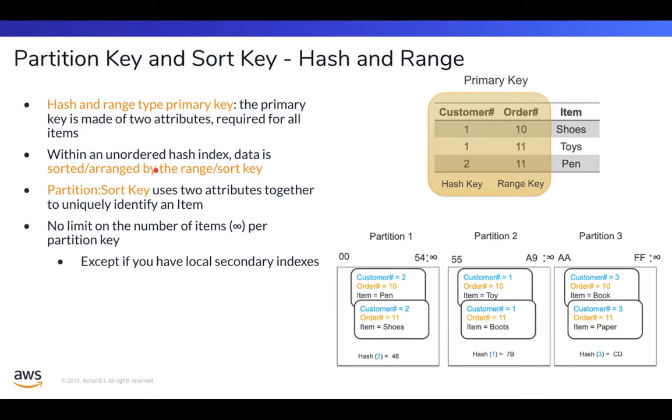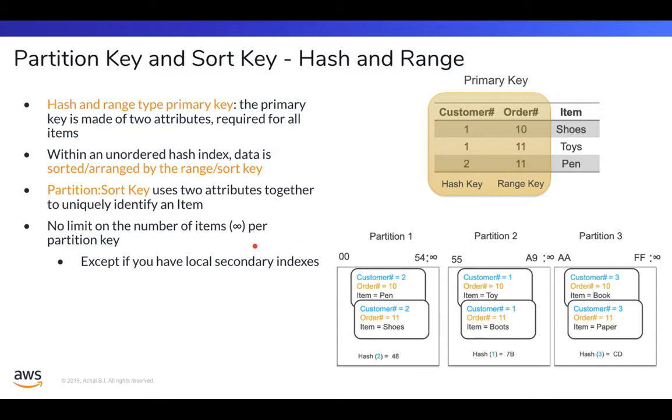Within an unordered hash index, data is sorted and arranged by range or sort key. So when you create a composite key, the combination of hash key and range key, that is partition key and sort key, becomes the identifier of the object.